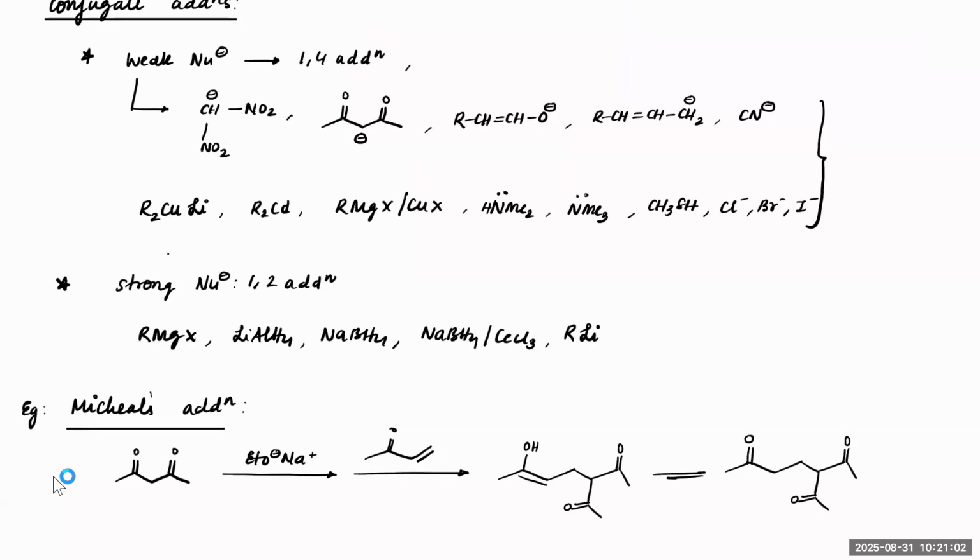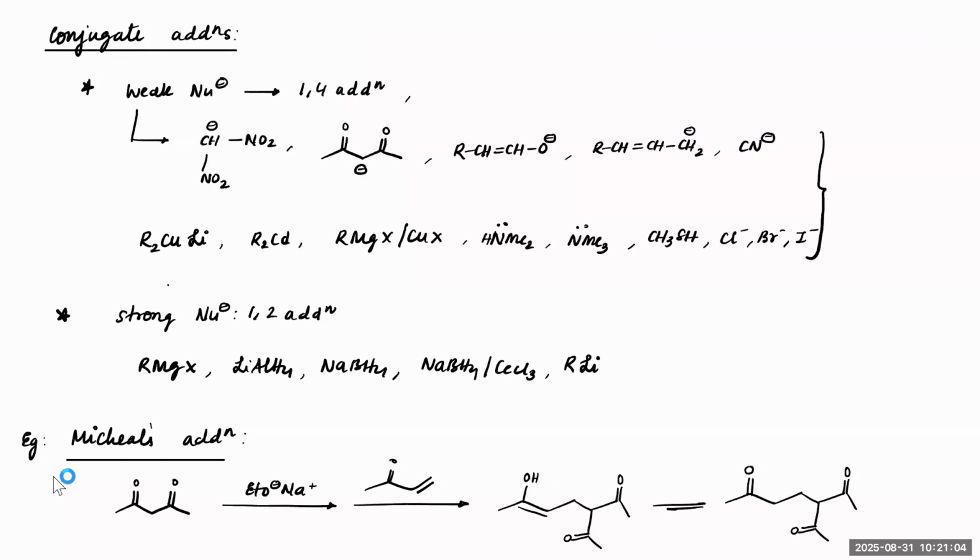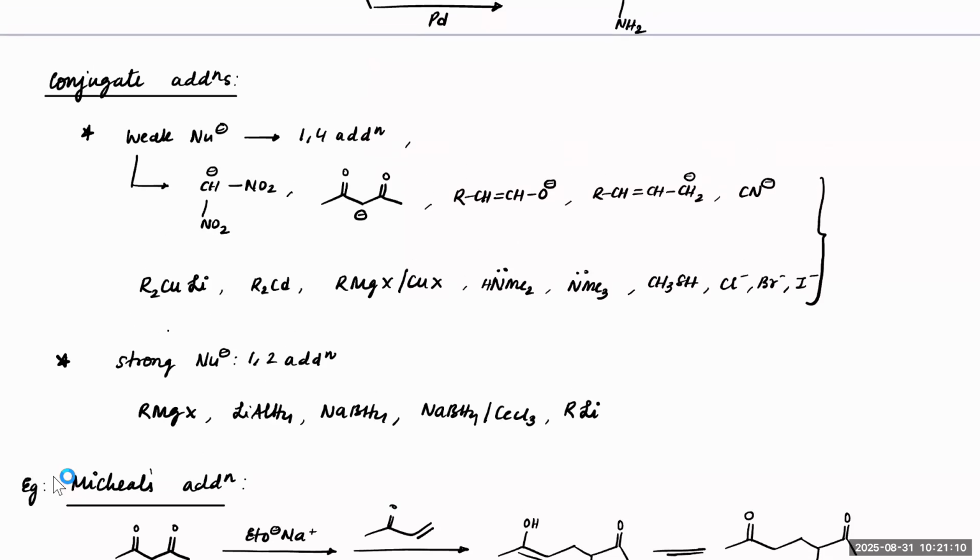The last thing is about conjugate addition. Conjugate addition is simple. I would suggest you remember it in a simpler way: wherever we have any conjugation, if you have a negative charge which is under conjugation like this, you can see this is under conjugation, here this is under conjugation, and this is also under conjugation.